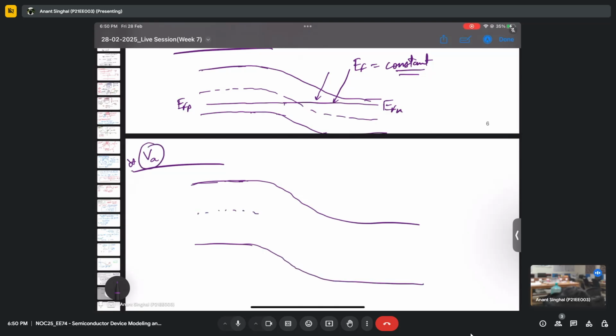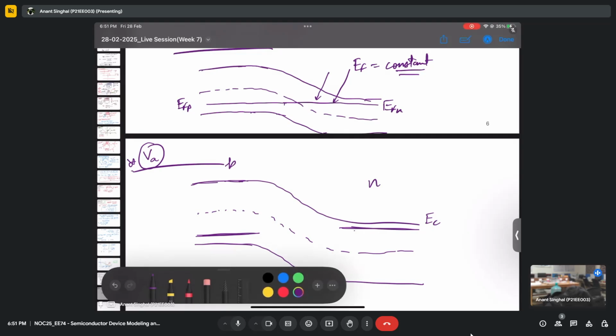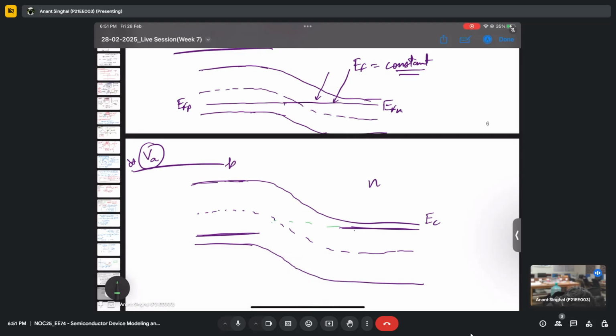So the Fp will get closer towards the EV because we have applied positive bias, and the Fn will go more towards the EC because we have applied negative bias to the n side. The difference between these two is the voltage difference that we have just applied.